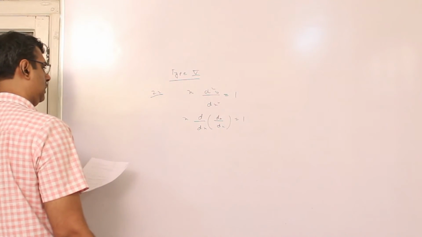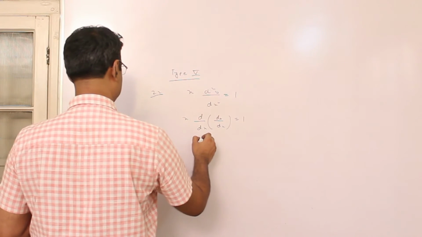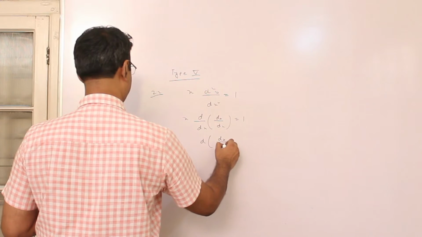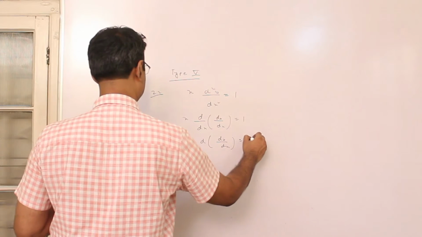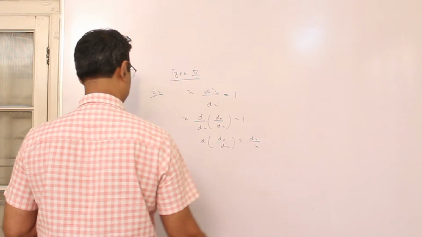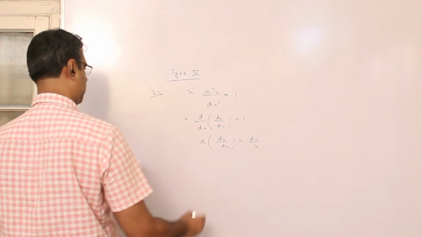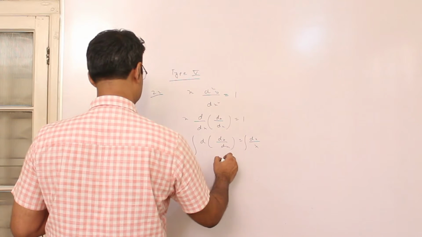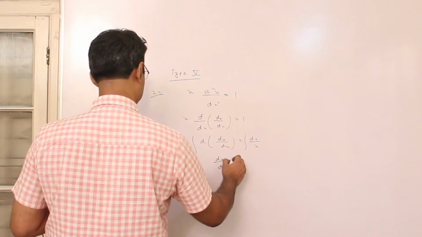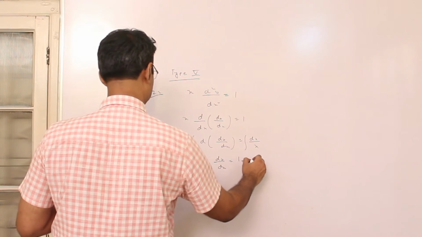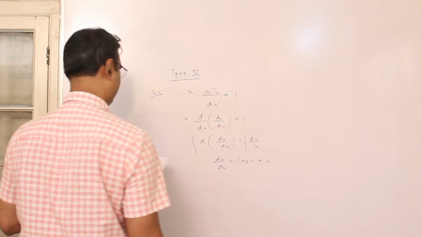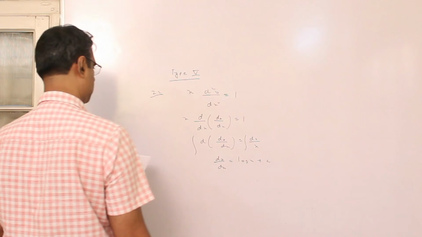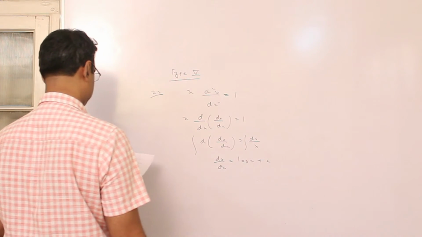That means x into d by dx of dy by dx is 1. So d of dy by dx equal to dx by x. Then you integrate both sides. So dy by dx is log x plus c.